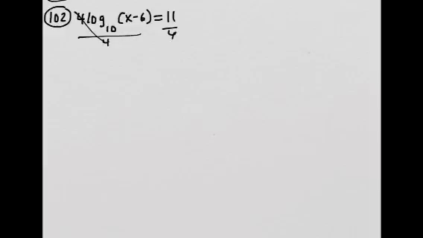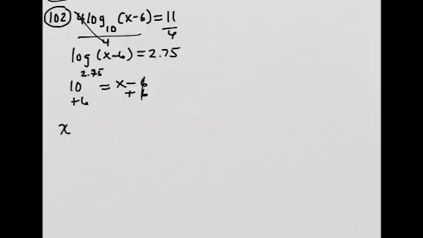So 11 divided by 4 is 2 3/4, so that's going to be log of x minus 6 equals 2.75. Now I can change it to exponential form, so base 10 to the 2.75 equals x minus 6, so I have to add 6.